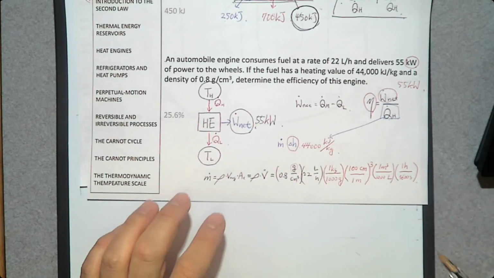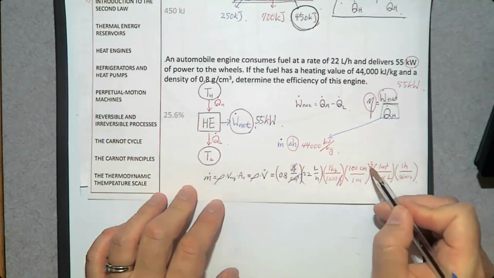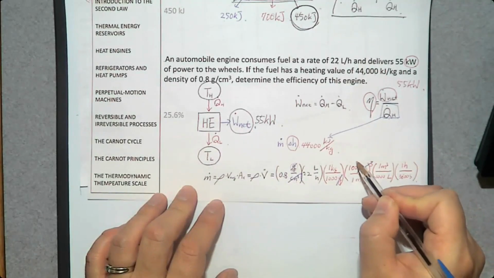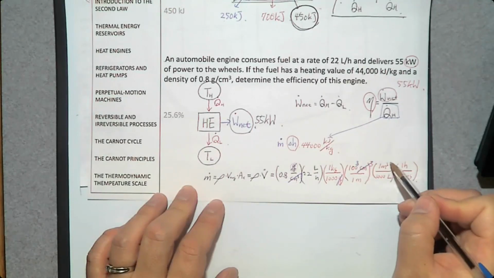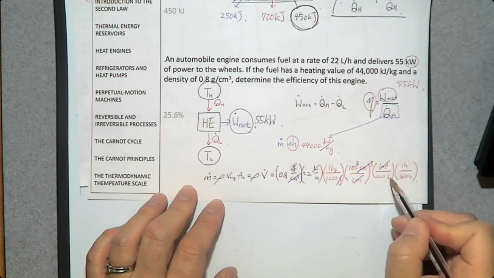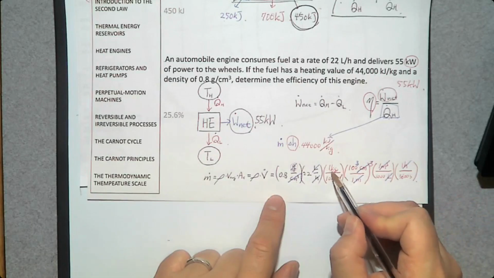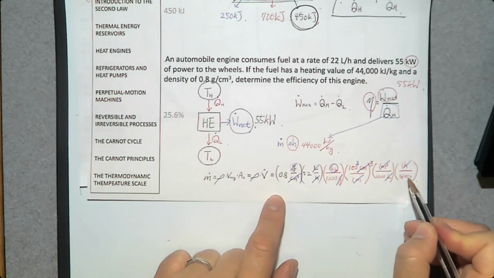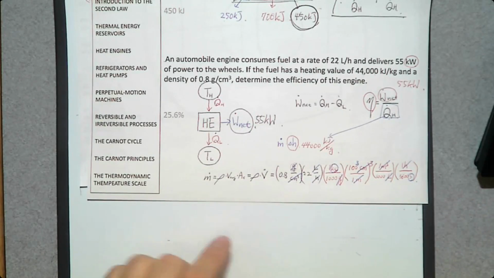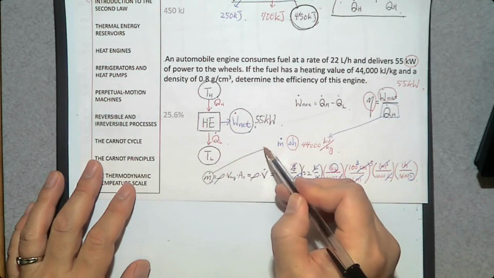And let's see. Gram, centimeter cube, make sure that this is 100 cubed, and meter cube, liter, hour. So what is the unit? Kilogram per second. Then this m dot goes in here.